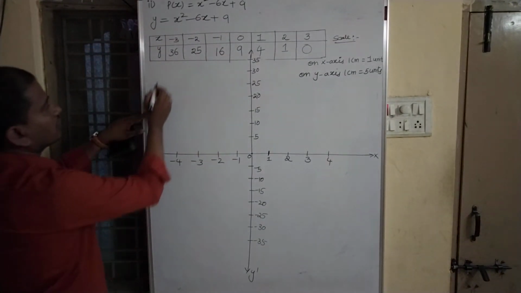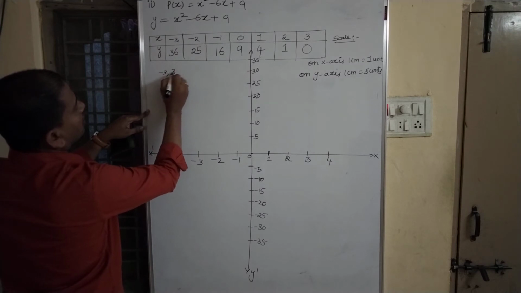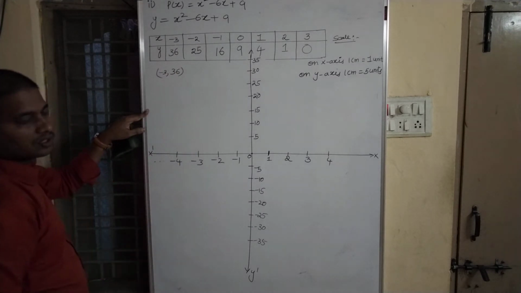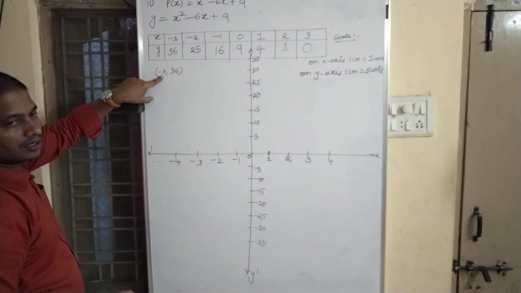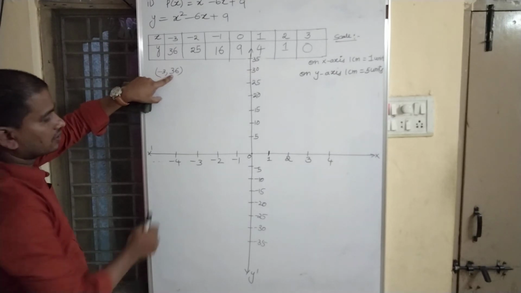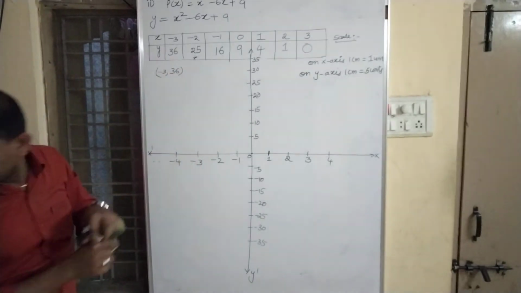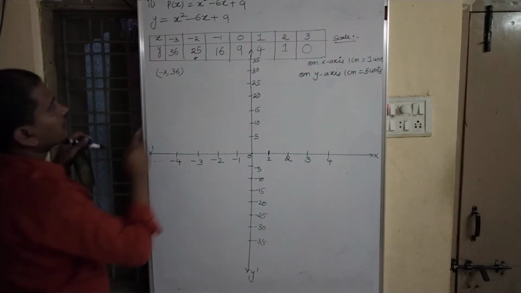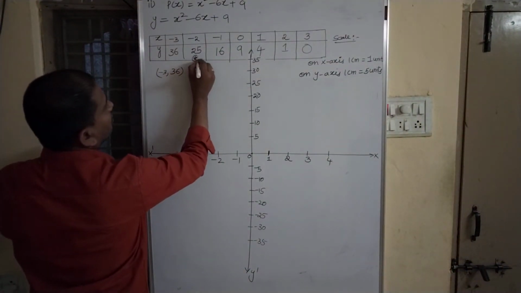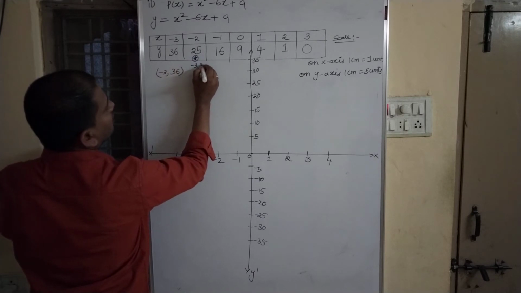Locate the points. The first point is minus 3 comma 36. On the x-axis minus 3 and on the y-axis 36. Let me locate this point. This is our point, minus 3 comma 36.